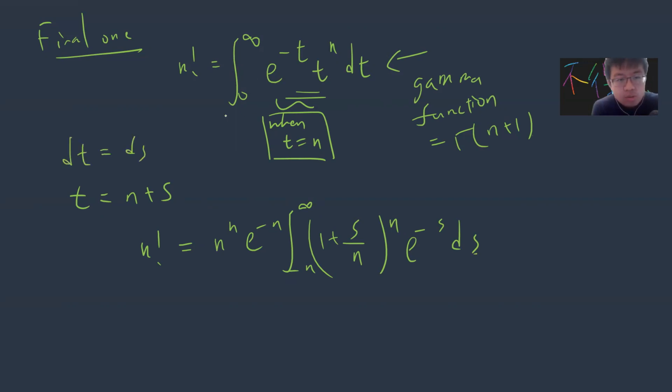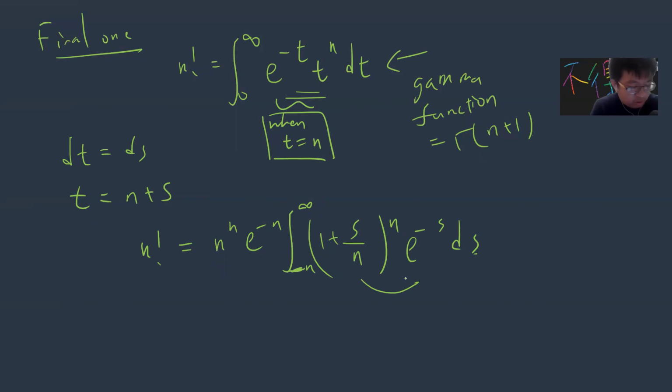So when t equals 0, s equals negative n, up to infinity, and t to the n is just (n plus s) divided by n to the n. All we can do is try to put everything into the exponential.